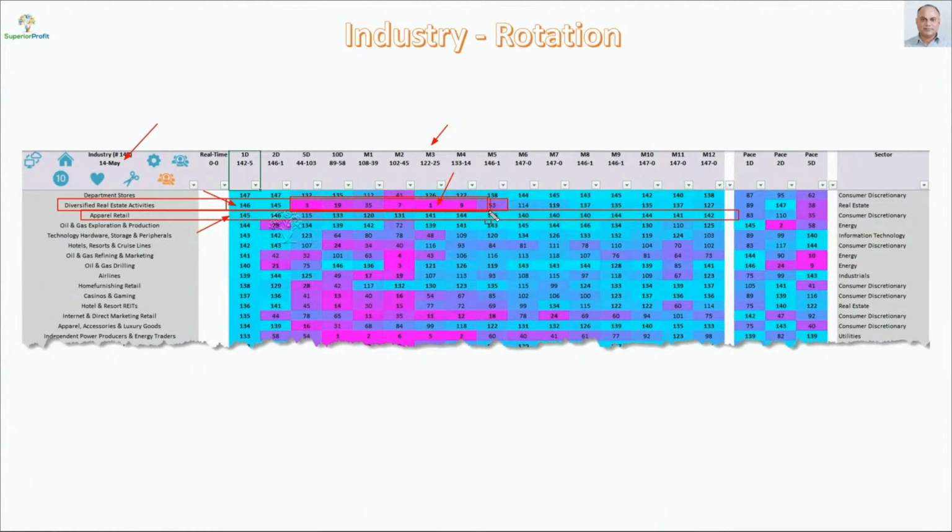You could look for turnaround trades, catching the bottom trades, or you could look for breakout trades in industries that had been strong for a long time. You can see there are several turnaround candidates here: independent power producers, energy traders, diversified real estate activities, also internet and direct marketing retail.